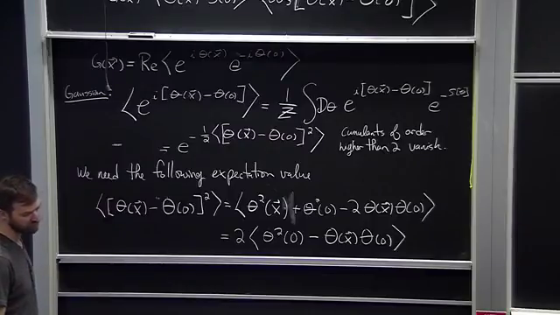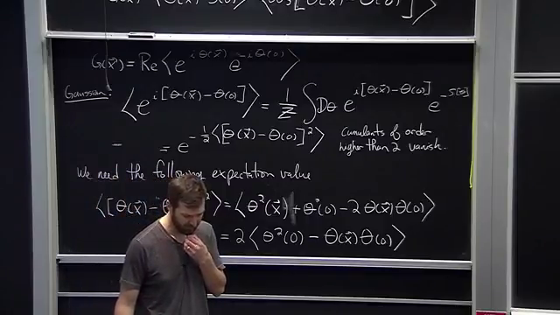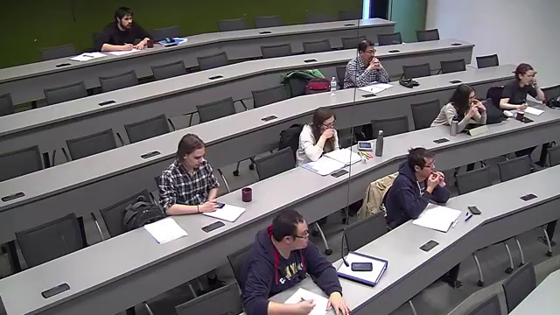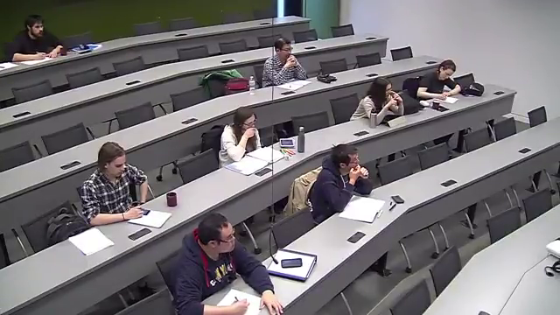So this should be e to the power of the expectation value of the difference minus 1/2 the expectation value of the operator squared minus the expectation value of the operator, squared outside. So that's the second order cumulant formula.